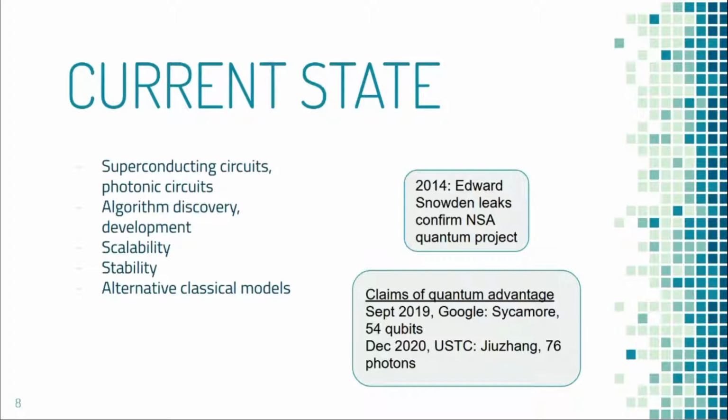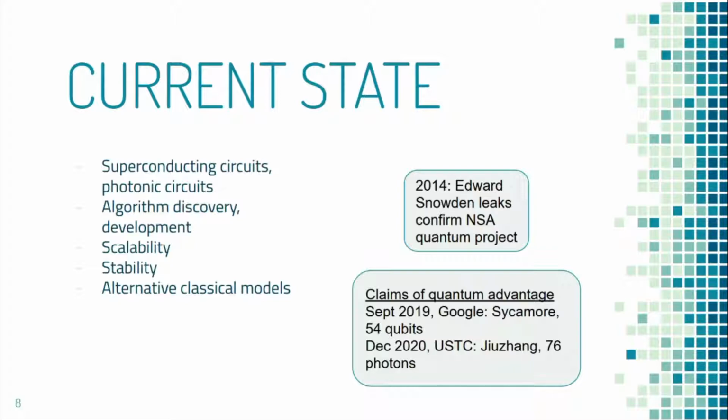As for significant recent events, in 2014, WikiLeaks confirms that the NSA is working on a quantum project to crack RSA encryption. And as well, there are claims of quantum advantage.